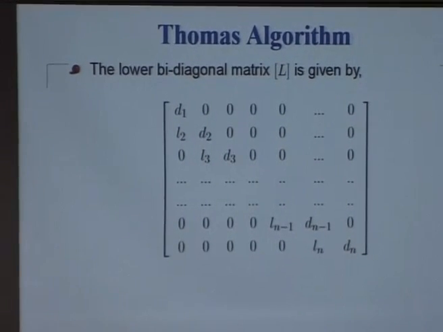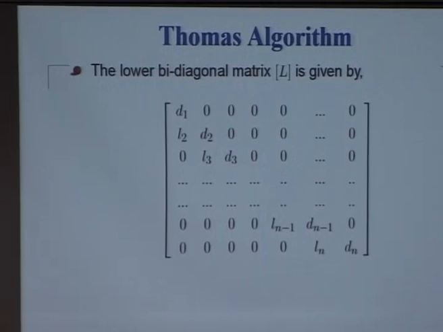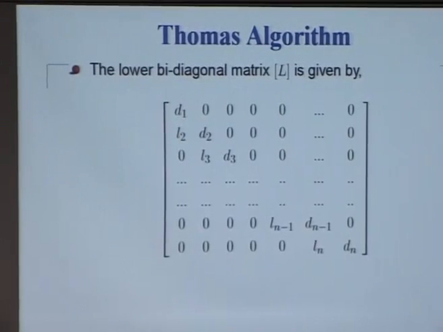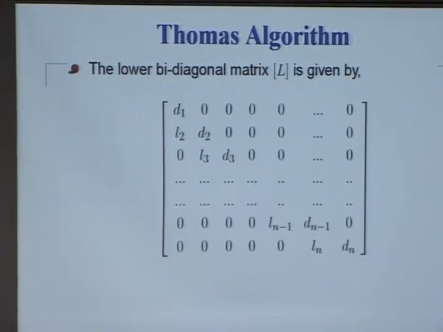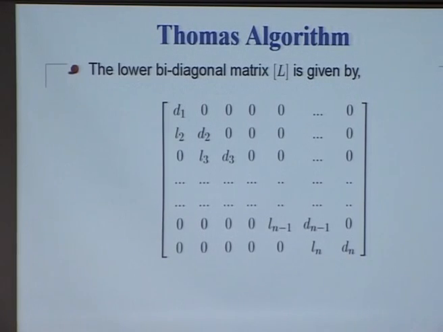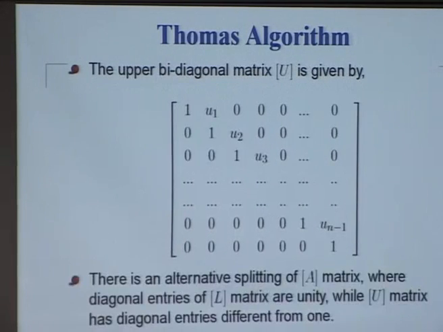So, if I decide to call those entries D1 in the first row, then L2 D2 in the second and L3 D3 the third and so on and so forth. So, I have this formal structure. It would be our interest to find this out. I will tell you how we are going to find it out, but let me first tell you what we can do with the upper triangular matrix.